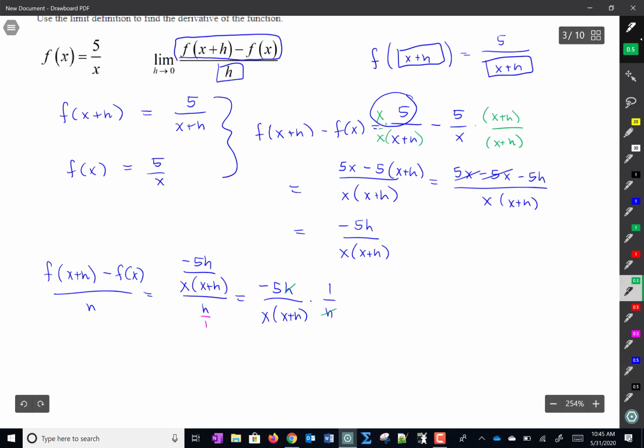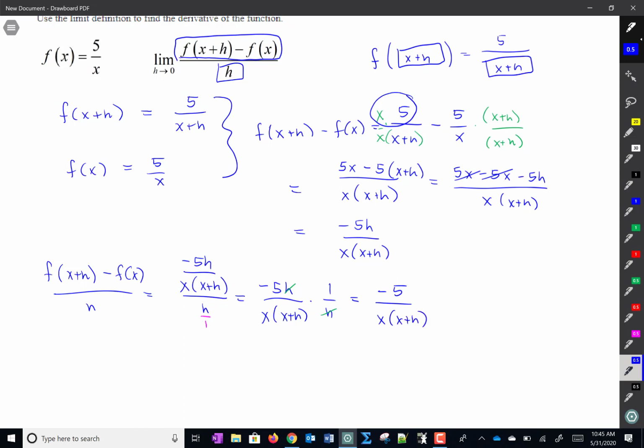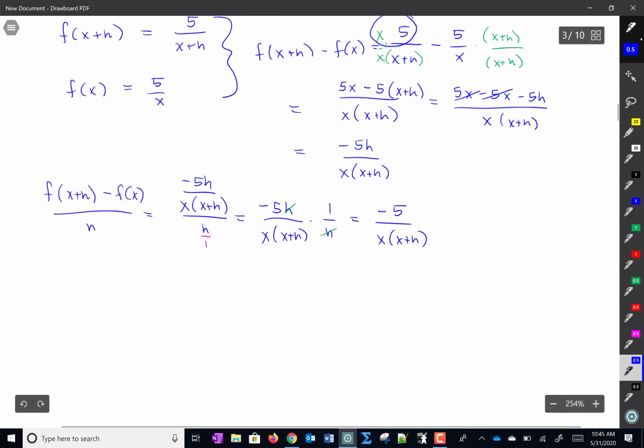Now this h in the numerator and denominator can cancel out, leaving me with negative 5 over x times x plus h. The last thing I need to do is take a limit as h goes to 0.